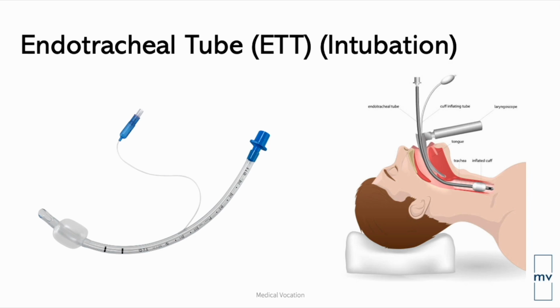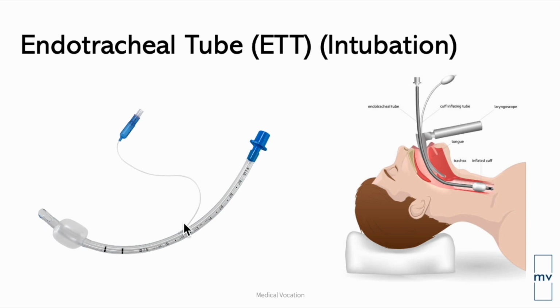So we can create a different video separately just going through it by itself. But just as an overview, with this tube, like the other tubes, the patient has to have a low GCS or otherwise be sedated. When we insert the tube, it goes all the way into the trachea.